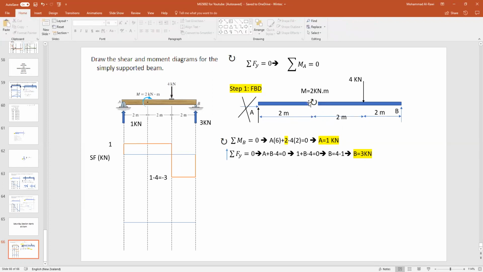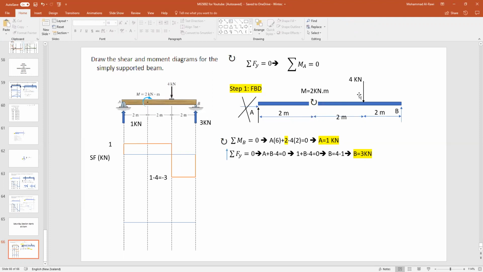Now, why plus? Because I have a moment here of 2 kilonewton meters. Since it is a moment, I don't need to multiply it by the distance because it's not a force. And it is positive because I assume clockwise is positive. You can see here the blue arrow indicating the direction of the rotation, clockwise.